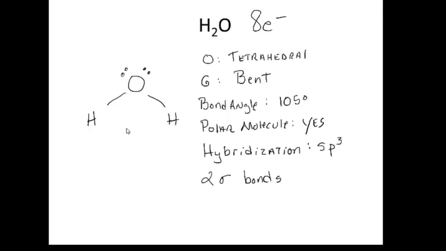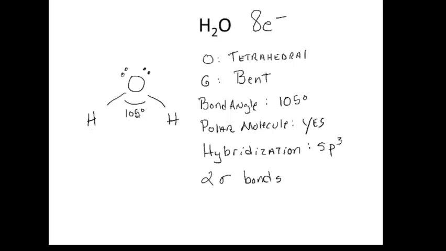Geometric shape is bonded versus non-bonded. There are 2 bonded and 2 lone pairs or non-bonded. The bond angle then, because the lone pairs need so much more room than the bonded pairs, the angle between the bonds gets smooshed to 105 degrees.